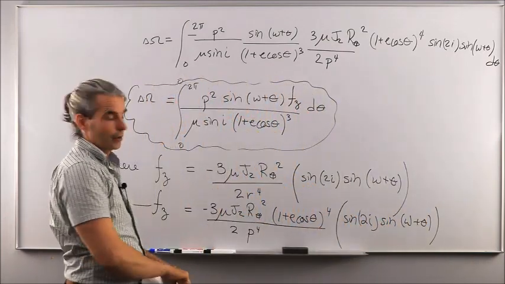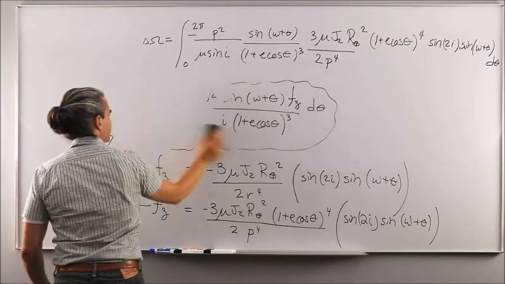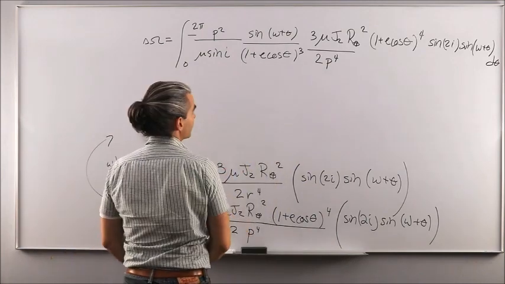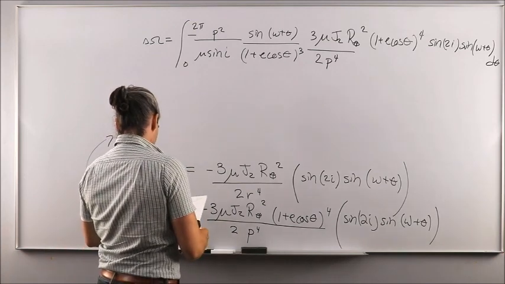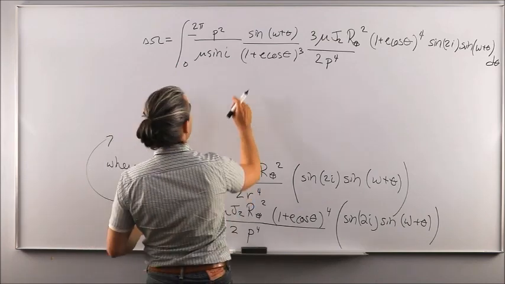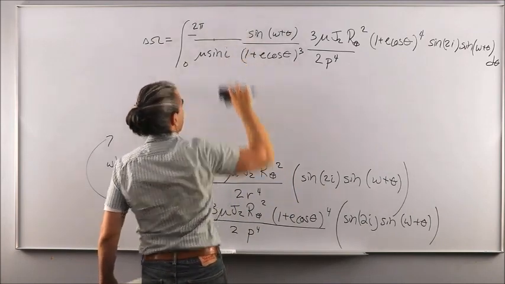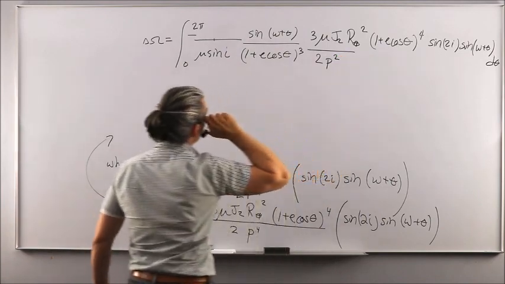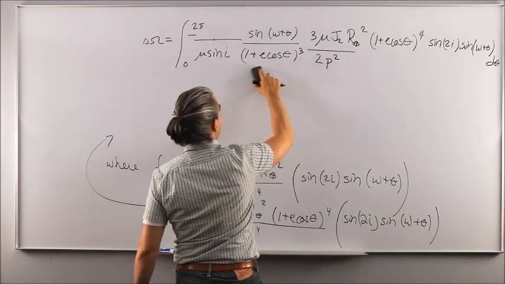Oh, that is a big integral to evaluate. But don't worry, we know how to do it. Okay, let's cancel a few things. The p squared with the p4 cancel out to p squared on the denominator. I can cancel out the 1 plus e cos theta to the 4 over 1 plus e cos theta cubed.